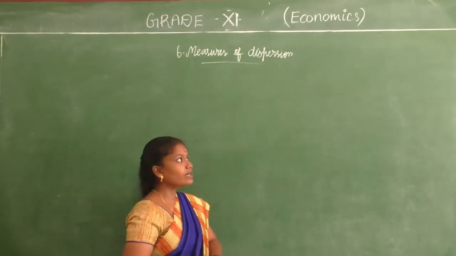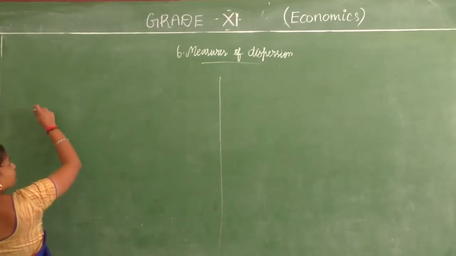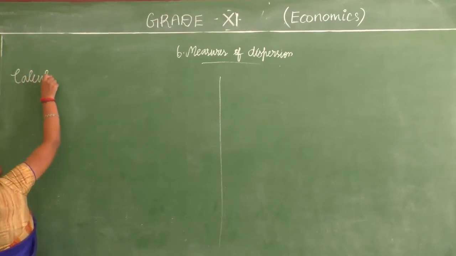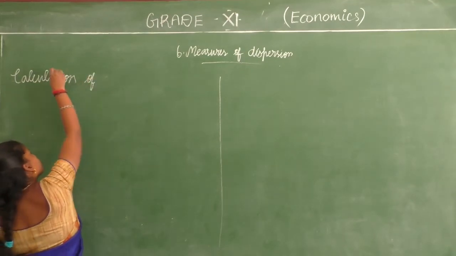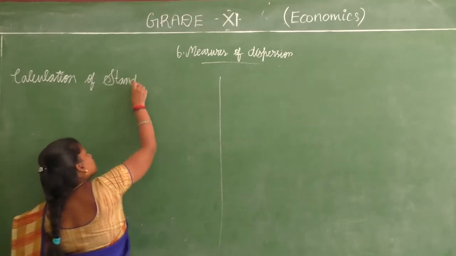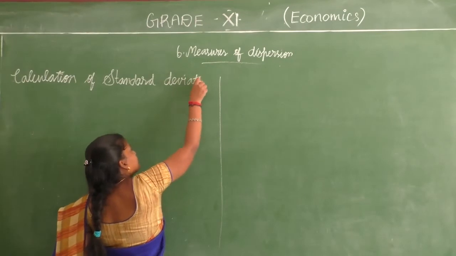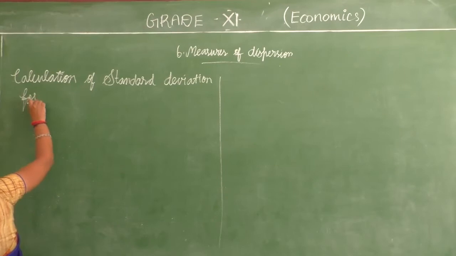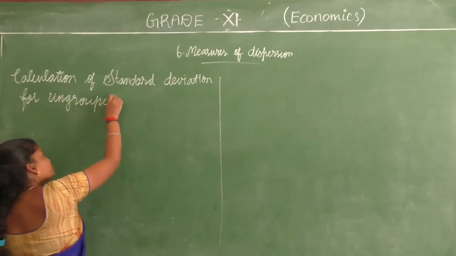Now how did we do it in the actual mean method? So what are we doing? Calculation of standard deviation for ungrouped data.